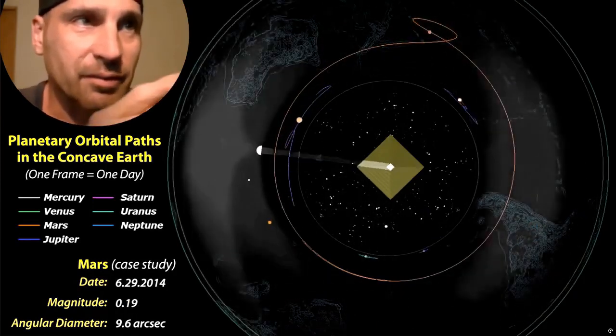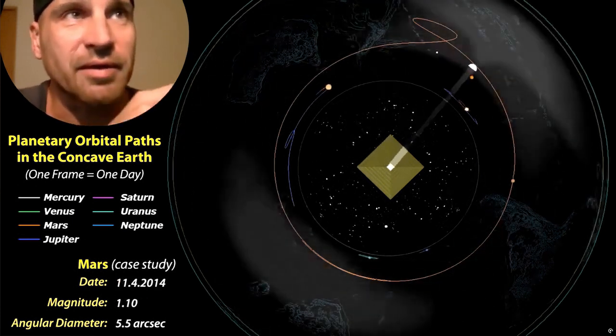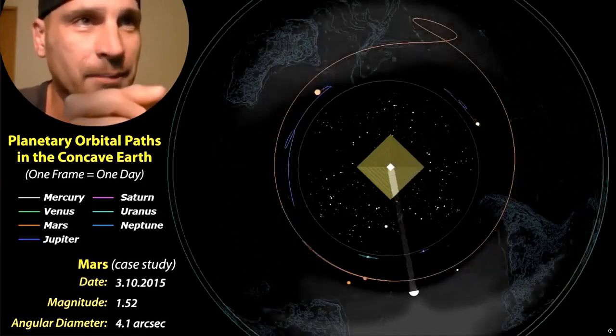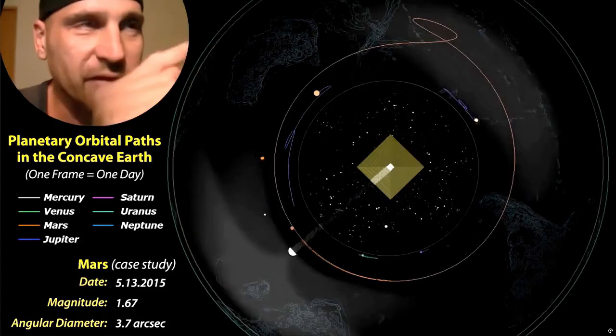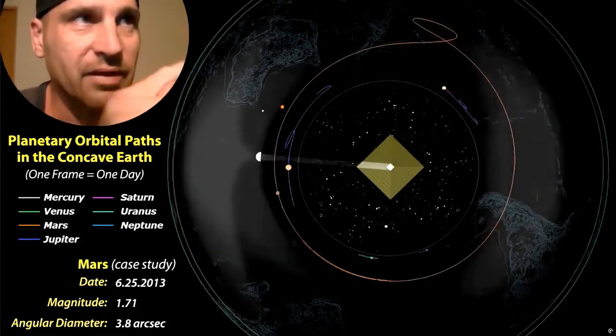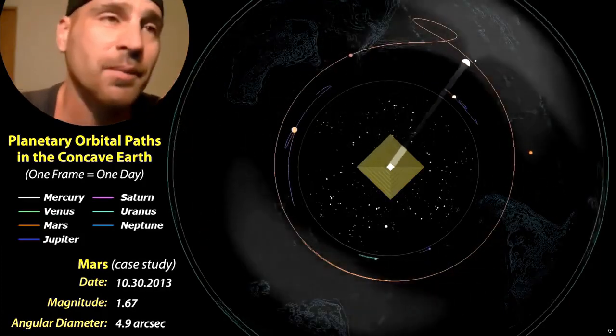Then Uranus, that other blue dot on the bottom left. Then Saturn's up at the top right, and then Jupiter's on the left-hand side. So you see the loops. I included the paths. You see the retrograde paths. Each year those planets are going to do a retrograde because of the Sun.